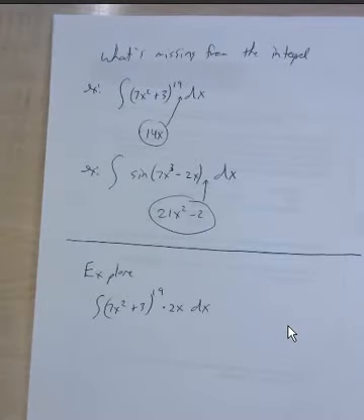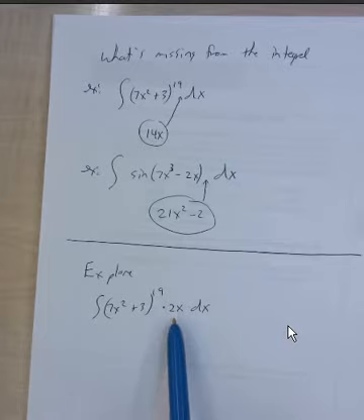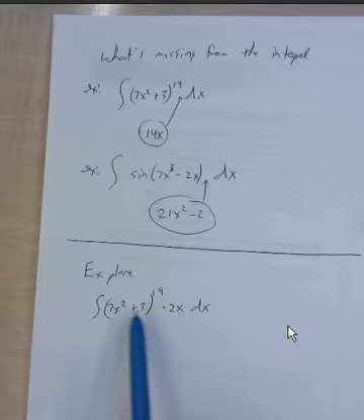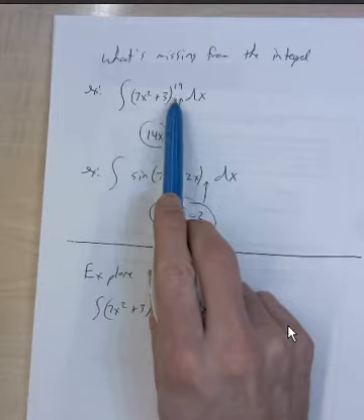Times 2x. Yep, times 2x. Okay. All right. So now, this isn't quite good, right? But it's closer to being good than this was. This was missing a whole bunch of stuff. I'm missing a 7. Okay?